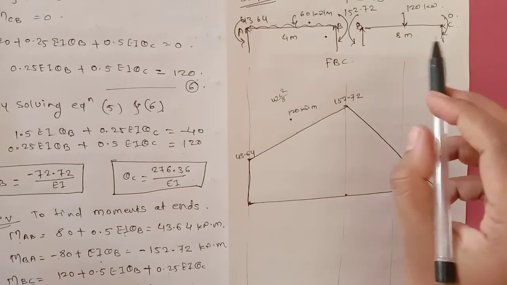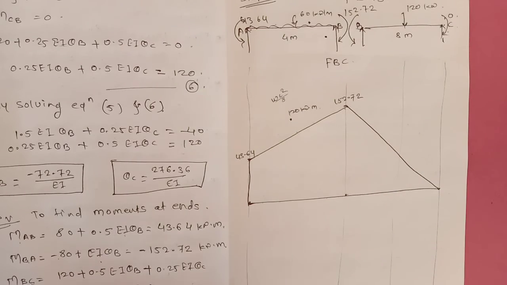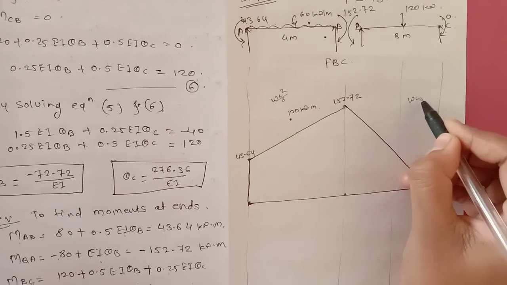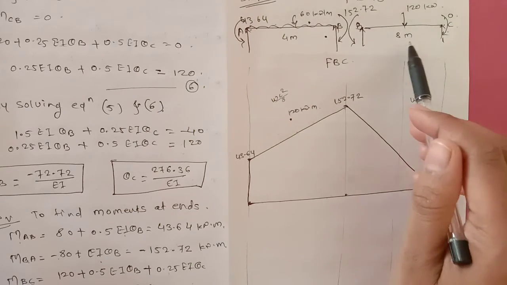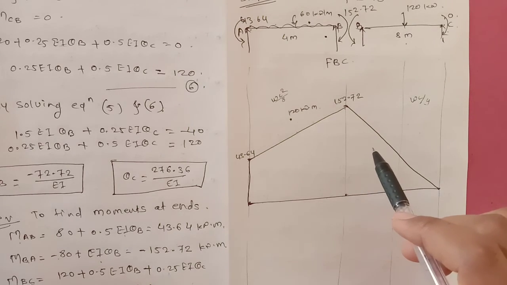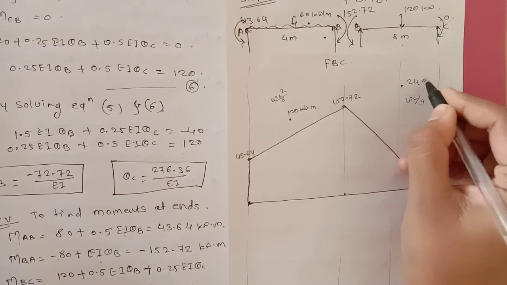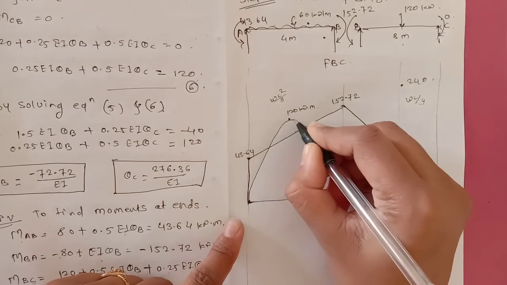And then over this BC member a 120 kilonewton point load acts. We know that the formula for point load is WL by 4. So here W is 120 multiplied by 8 divided by 4. This value is 240. So approximately here 240. So the diagram is like that.